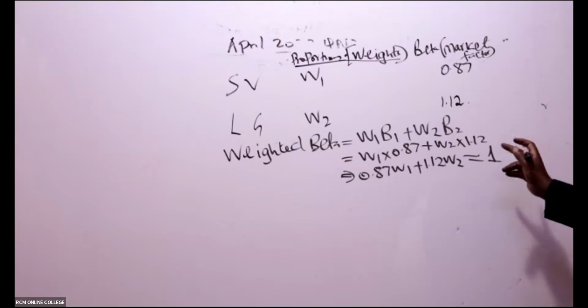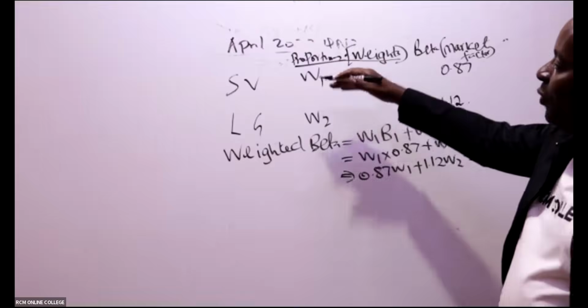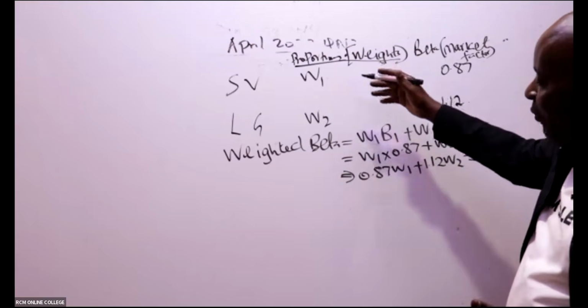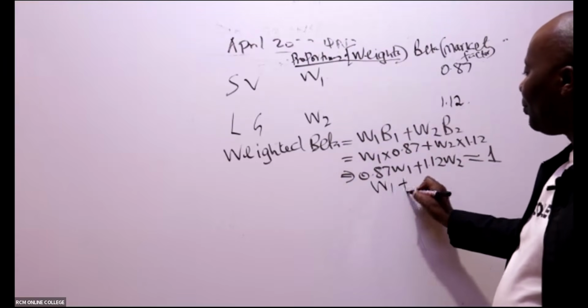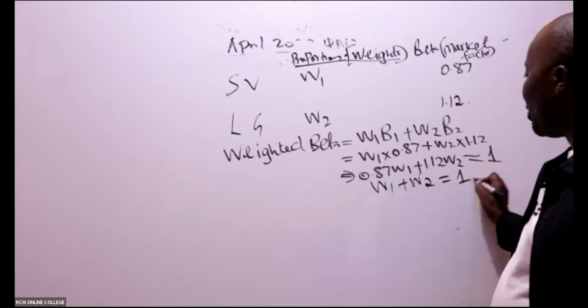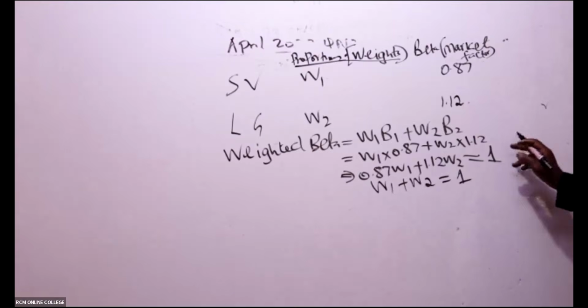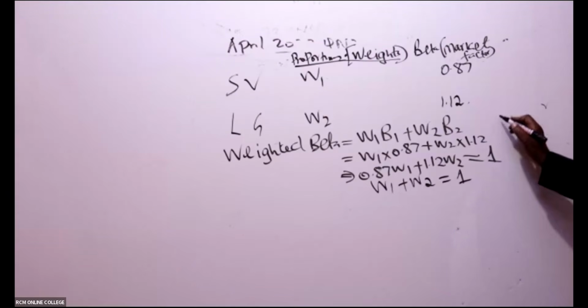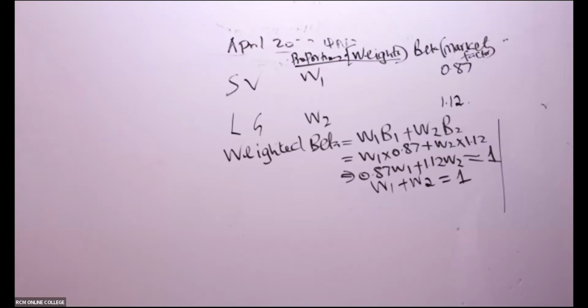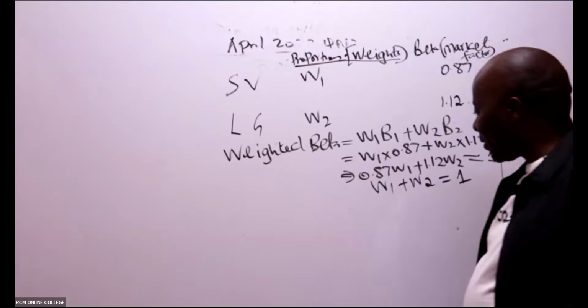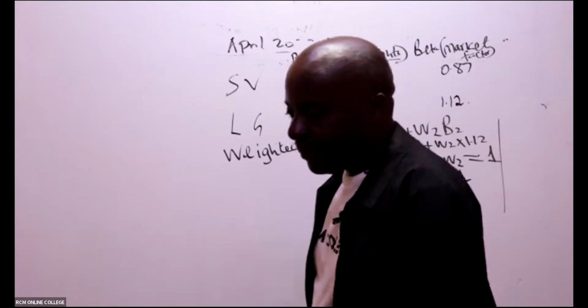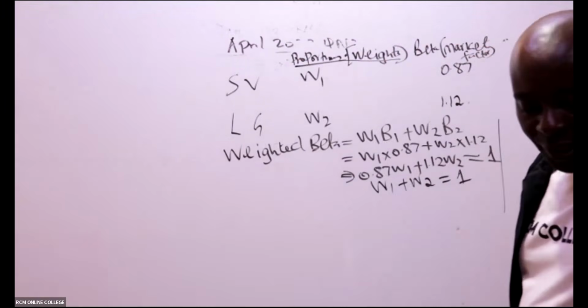And then we know that if these are the only two portfolios that you have, the two weights must always add up to 1. So your role will be to solve the two equations using the elimination method. Let me give you 1 minute to try this elimination method.